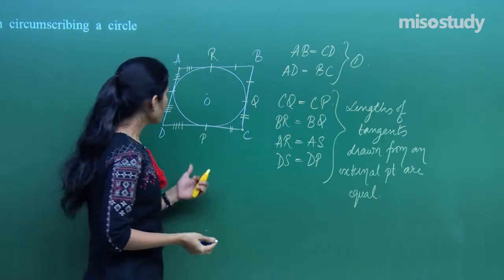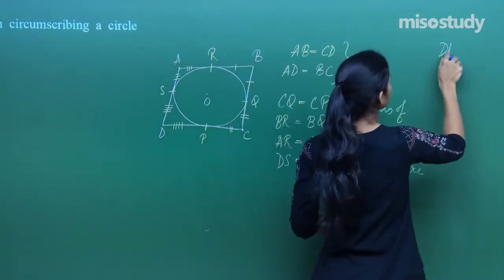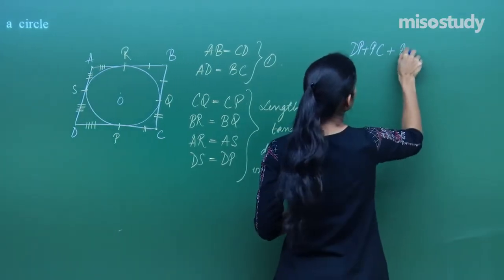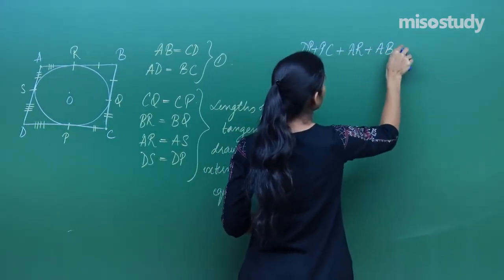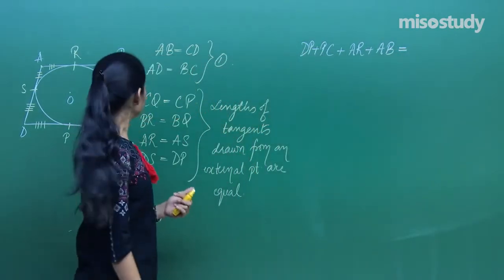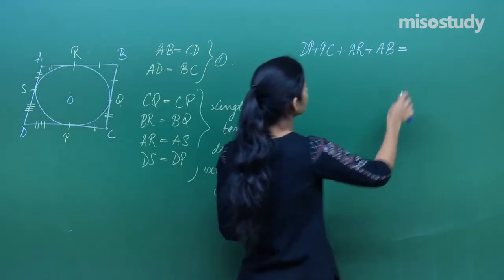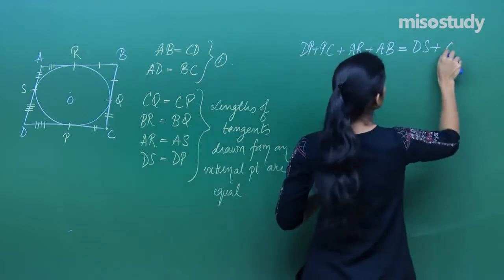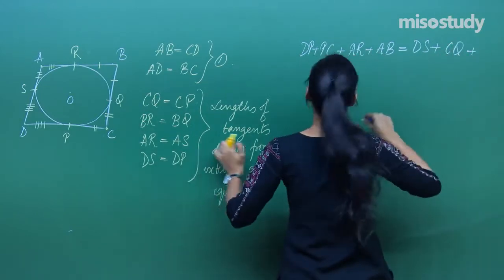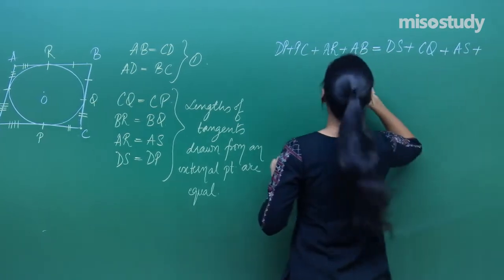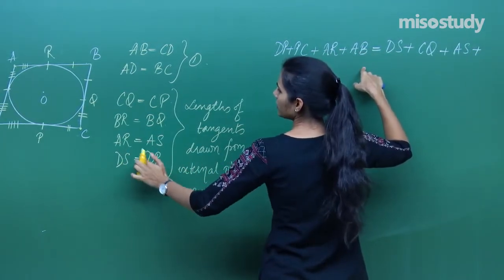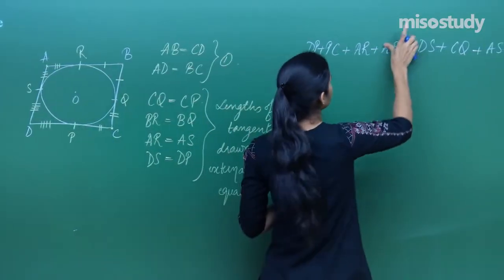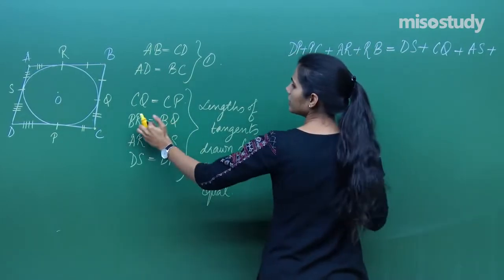So therefore, now if I consider DP plus PC plus AR plus RB, what are you getting? DP is same as DS, PC is same as CQ, AR is same as AS, and RB is same as BQ.